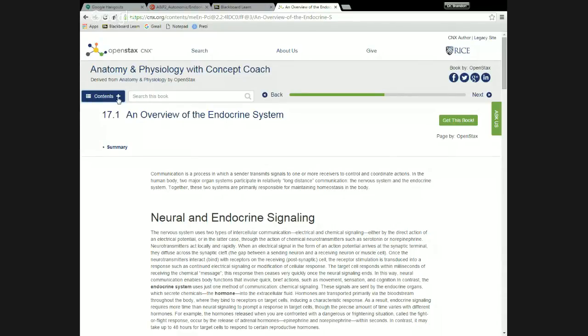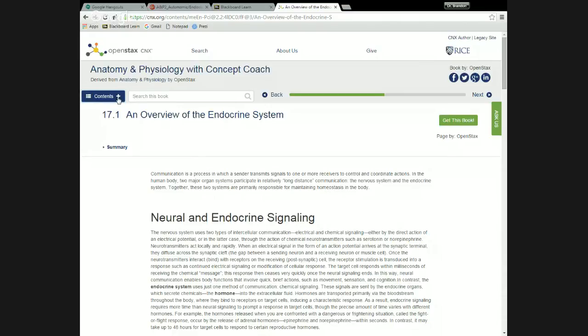Auto means cell. Right, auto means cell. I figured autocrine would be the most obvious. So autocrine really means self-secrete, which is a horrible definition. But a cell secretes a hormone, and that hormone binds to its receptor that's on that very cell.